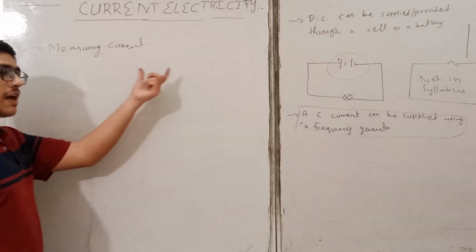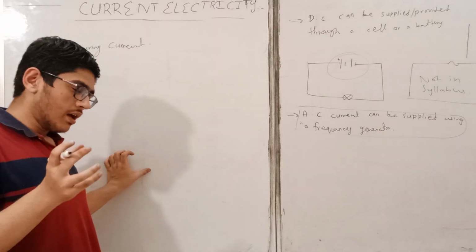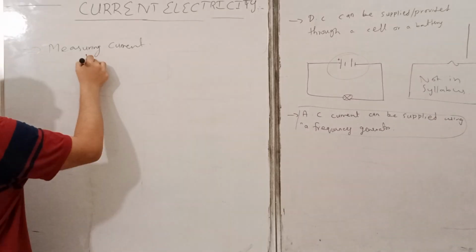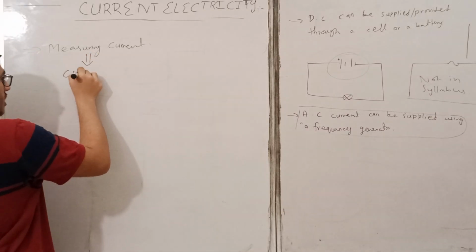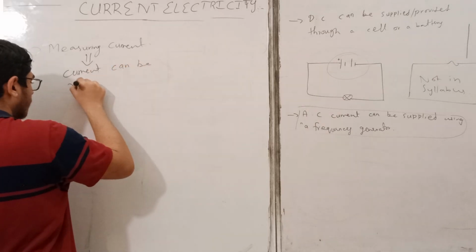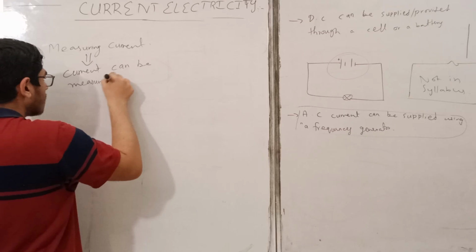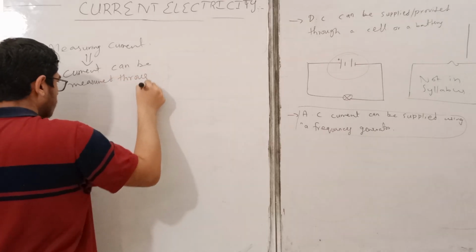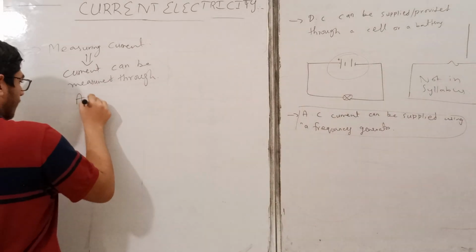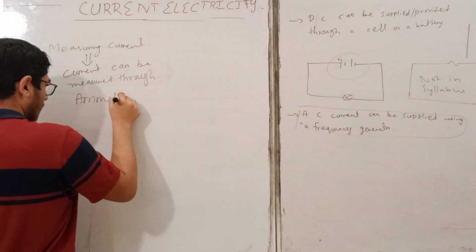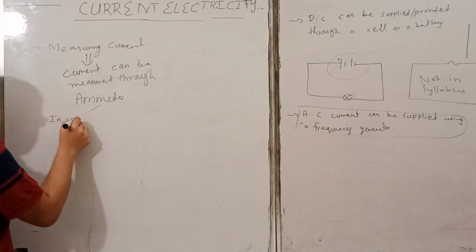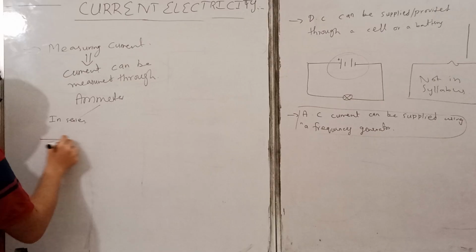When I listed down the important symbols and equipment, I told you that current can be measured through an ammeter. An ammeter can be connected in series, side by side, or linearly, like this.